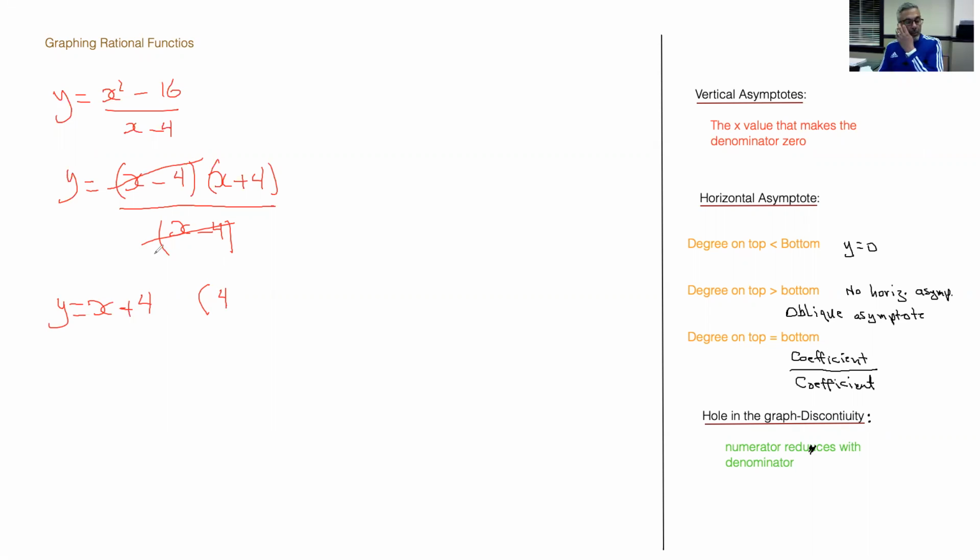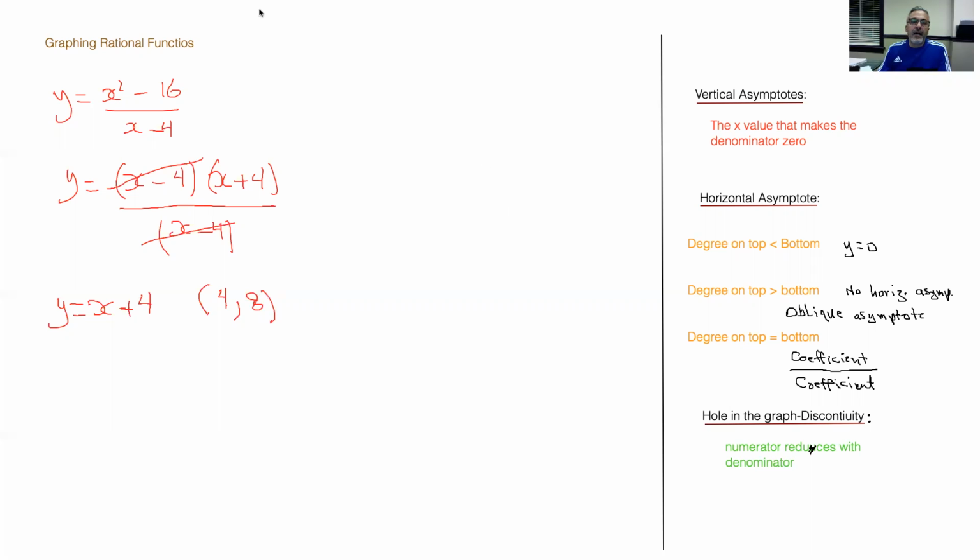It's not a vertical asymptote just because it cancels with the top, but it will give you a hole in the graph. So it's at 4, and then you plug the 4 into the simplified form of the equation to get the coordinate of the hole exactly. It will give you 8.